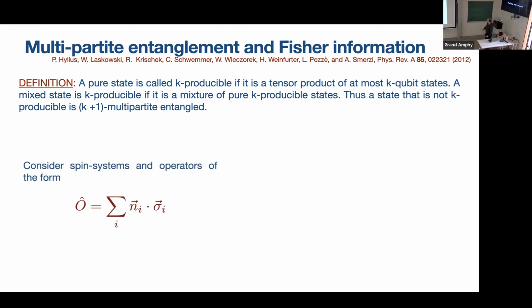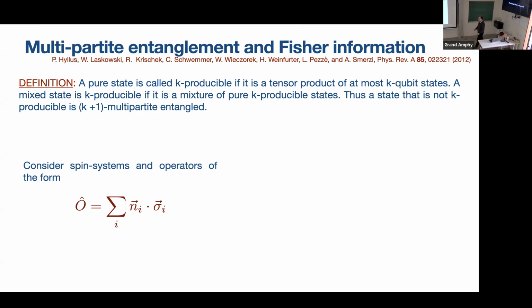Now, what these people showed in this very nice work is a connection between this definition of multipartite entanglement and the Fisher information, which comes from considering the operator O I defined in the previous slide for phase estimation, in terms of a sum of single-site spin operators.